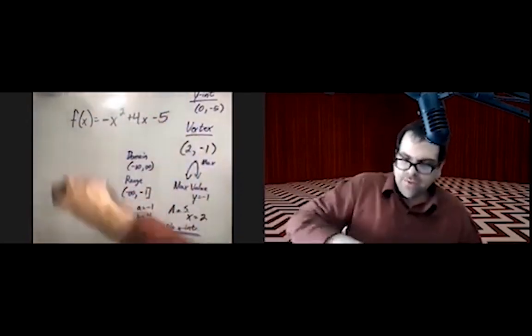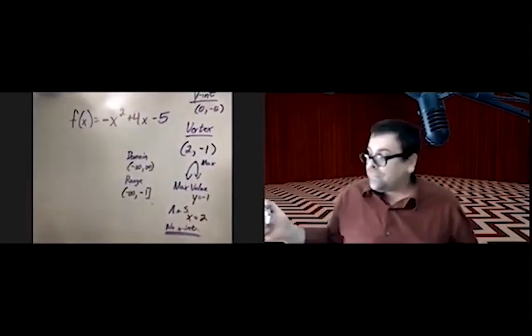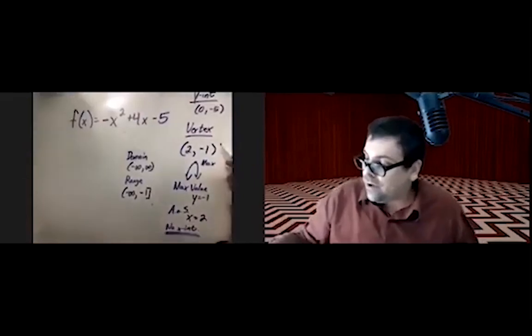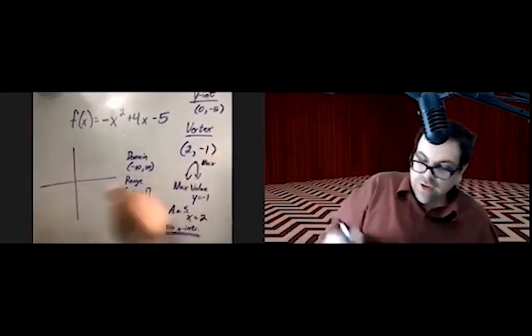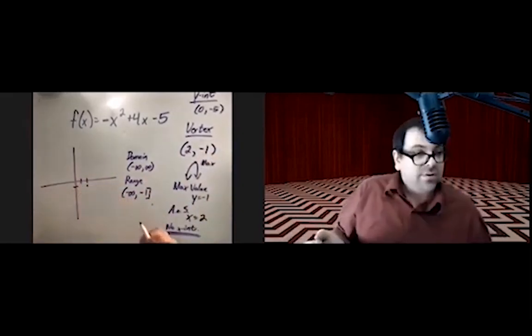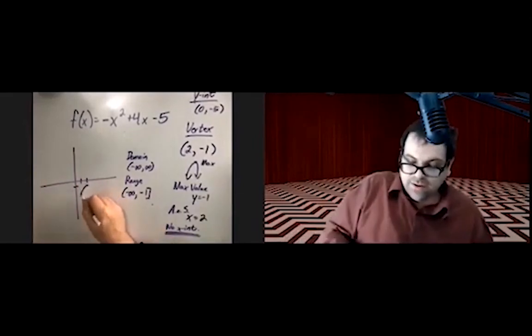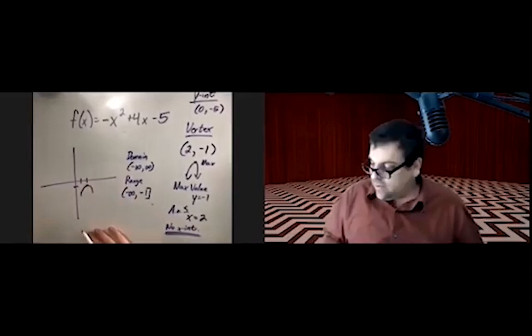Finally, let's use all this information to graph. We have a vertex point of (2, -1), and it opens down. No x-intercepts then.